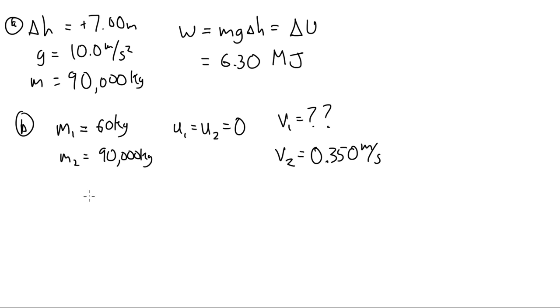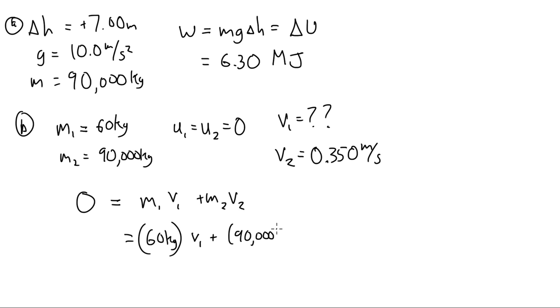Very easily, initial momentum is 0, final momentum is m1 v1 plus m2 v2, which is 60 kilograms times v1, whatever that may be, plus 90,000 kilograms times 0.35 meters per second.